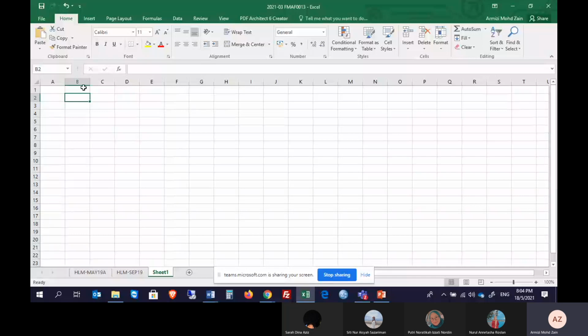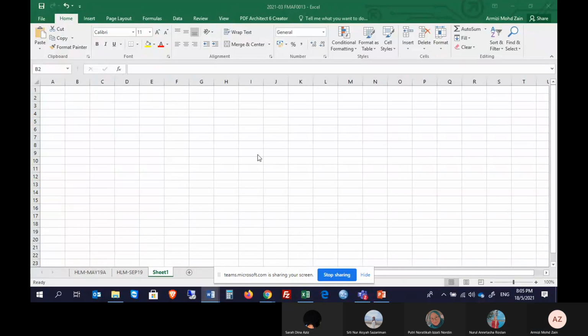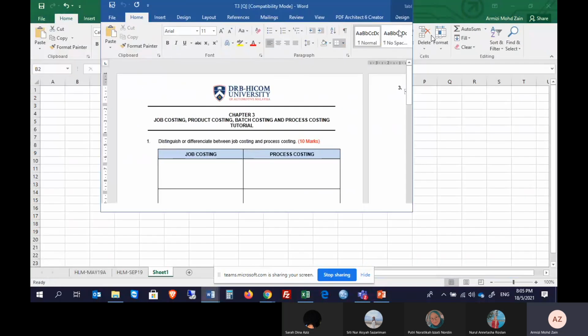Okay, let's do this tutorial together. This one is distinguish. Distinguish between job costing and process costing. Distinguish and differentiate. Okay, distinguish or differentiate between job costing and process costing.